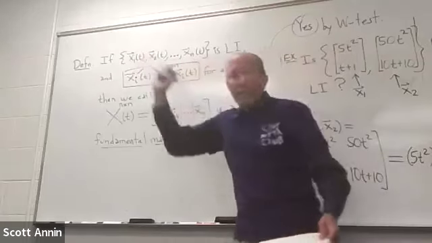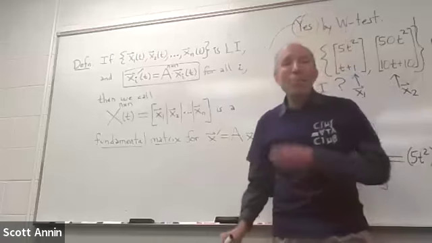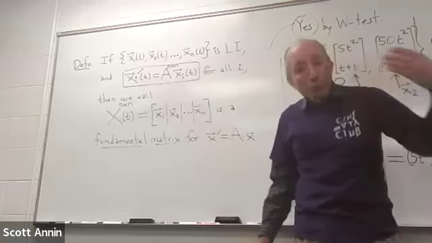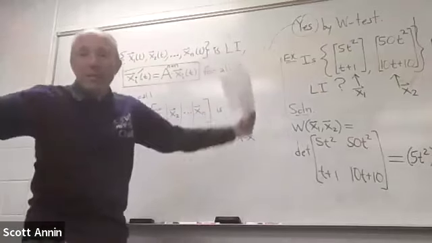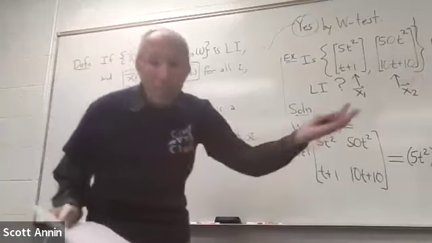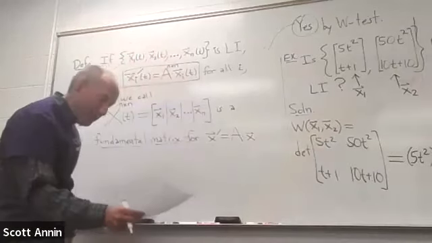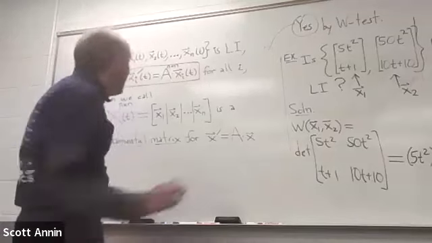If we have n linearly independent solutions, this is wonderful. This means we have a basis worth of solutions to our homogeneous linear system, which basically means we're in great shape. Every solution is just a linear combination of those basis vectors, right? That is so nice to have, right?